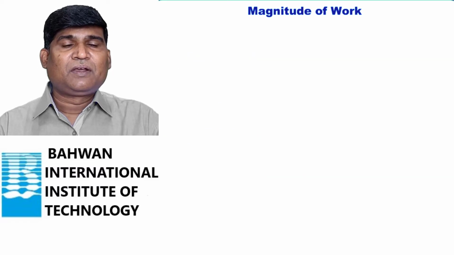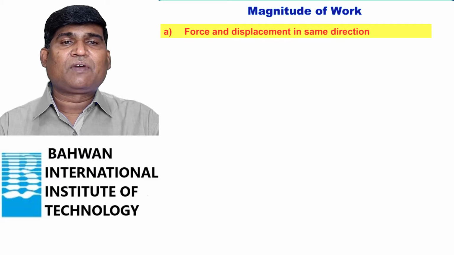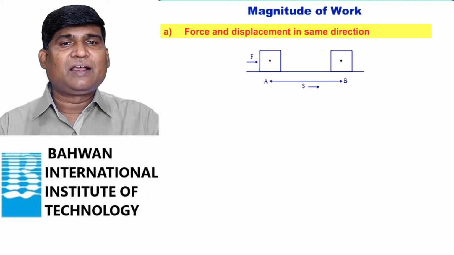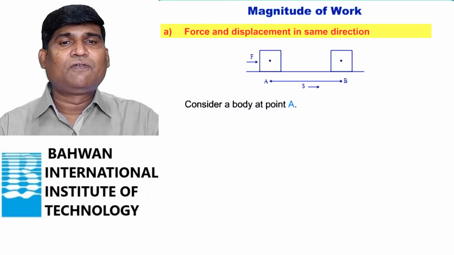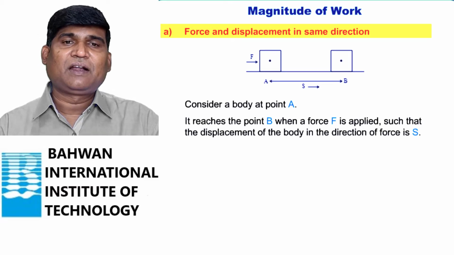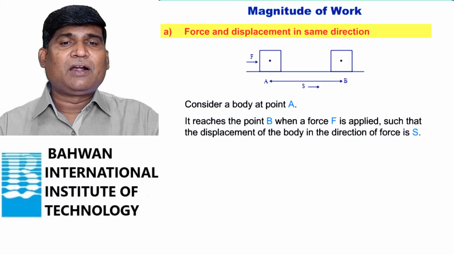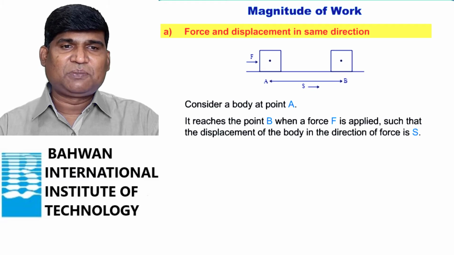What are those? The first thing we know already, when force and displacement are in same direction. In the last class only we discussed, whenever they are in same direction, we can directly take the work as the product of force and displacement. Right? For this we are taking this example. We are taking one point A, and that point A reaches point B when force F is applied, such that the displacement of the body is in the direction of force.